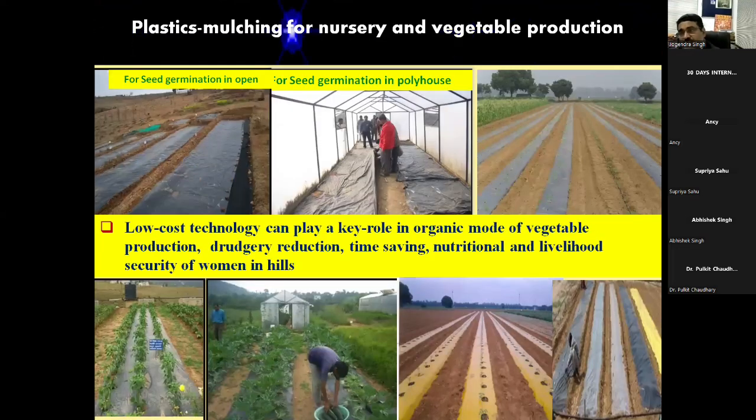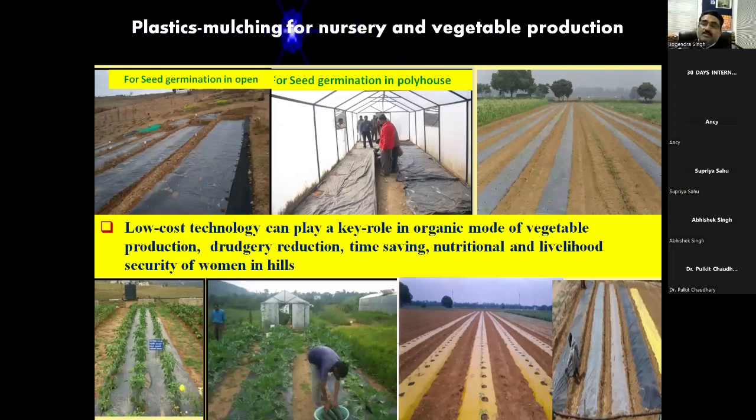Polymulching is a new mulching technology. Those areas having more weed incidence can use mulching technology. And areas having water stress, no water for irrigation, rain-fed areas, dryland areas, we can conserve moisture by mulching technology.